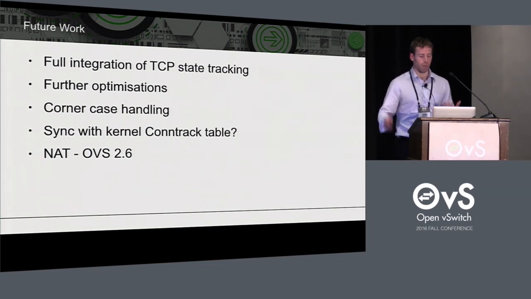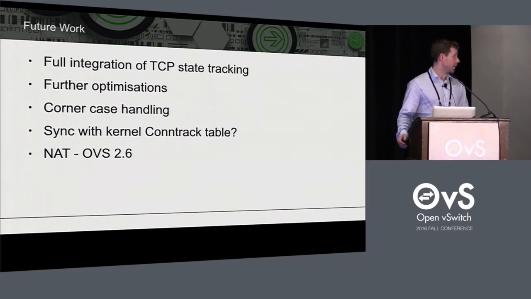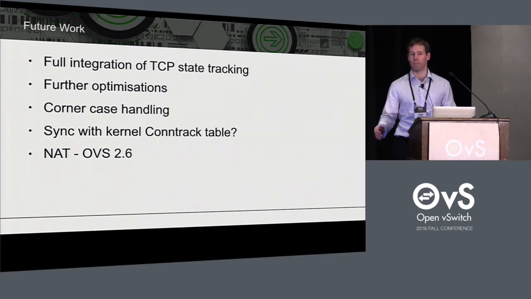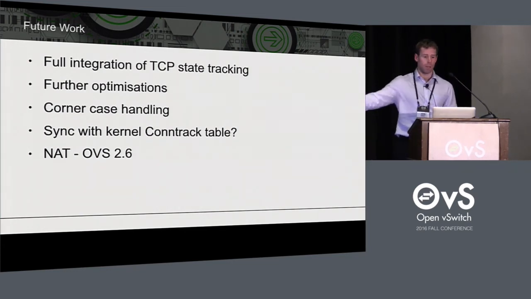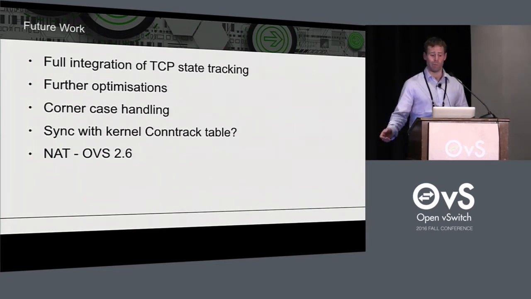It's probably a whole different presentation, but do we need to do more synchronization and get stuff balanced between them? Or are we okay to say that anything that's gone through OVS and connection tracking will have its own zone, so it's going to be separate from anything that might be utilizing the connection tracking tables in the kernel? Are we okay just to entirely separate it?